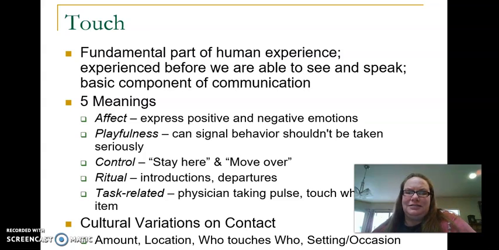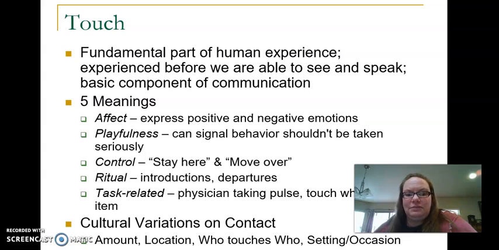It can get closer to violence, like pulling someone's ear. But in terms of trying to get people to do what we want, we often can use touch. I never had to say anything to my kids. They knew as soon as I put my hand on the back of their neck that I wanted them to stay right with me, and that I was trying to control their behavior without ever saying that.